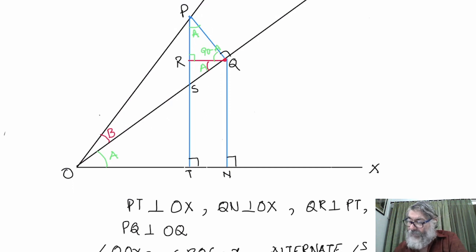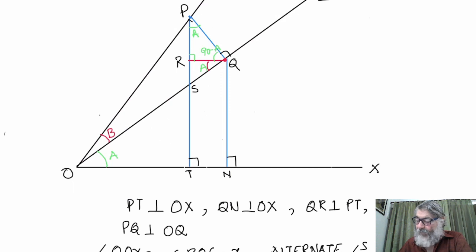Because you see this angle PQL, if I say it to be L, PQL is 90, and this angle is A. So angle PQO is already 90 because PQ is perpendicular to OQ. So if it is 90, one part of it is A, so the remaining part will be 90 minus A.